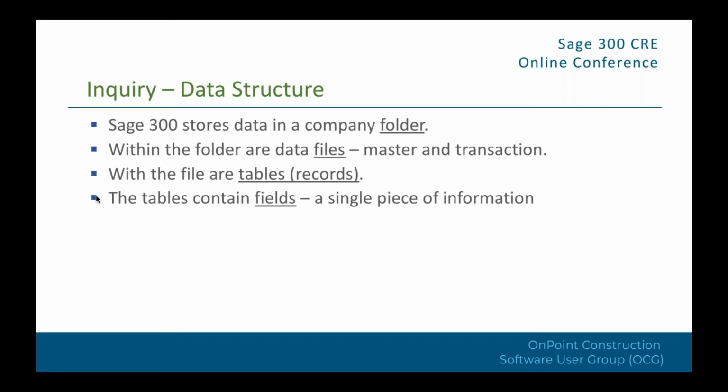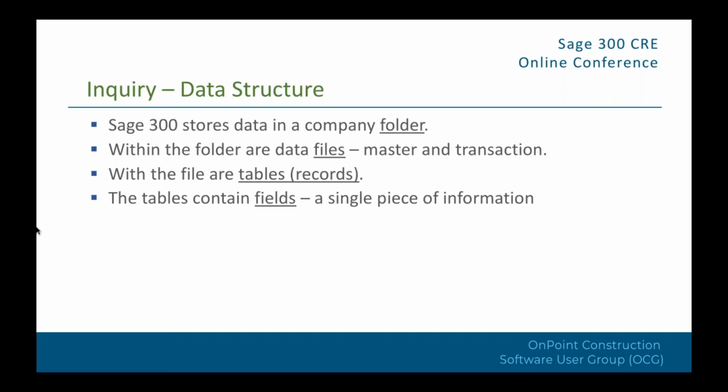So those are the data files that are out there. And then in those files are tables, which are the records, like the actual job and such. And then in those tables are contained fields.